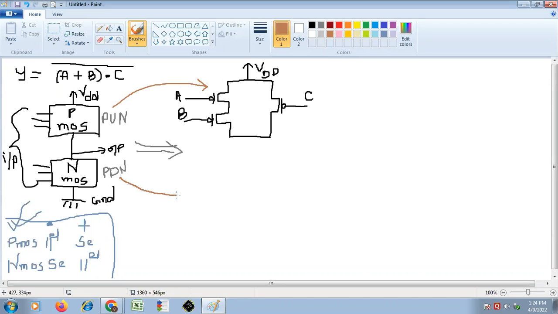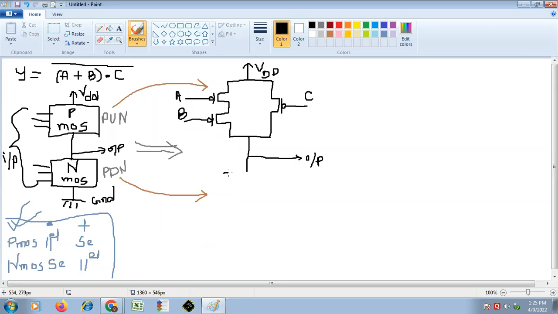Now we will go for the pull down network. From in between PMOS and NMOS, we are taking the output. Now how to implement this? In case of NMOS, the plus product has to be parallel.